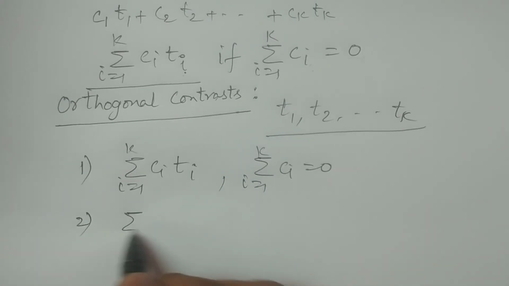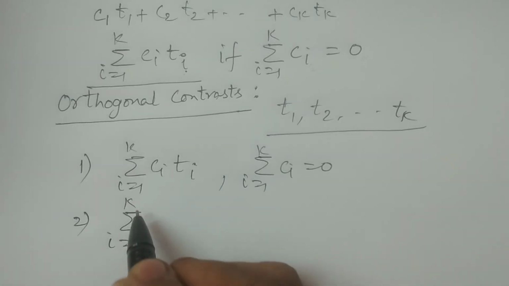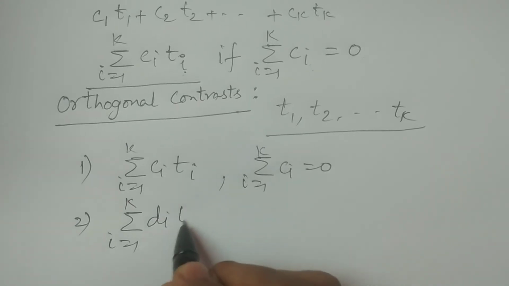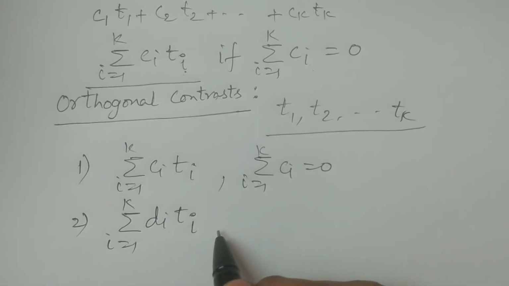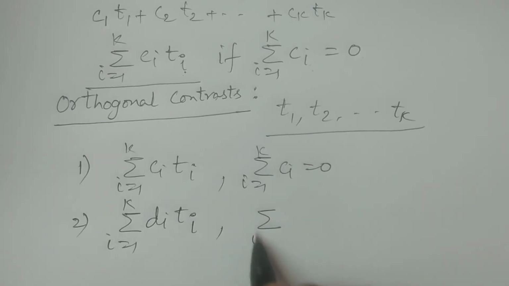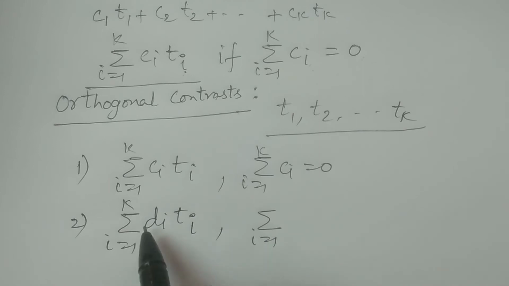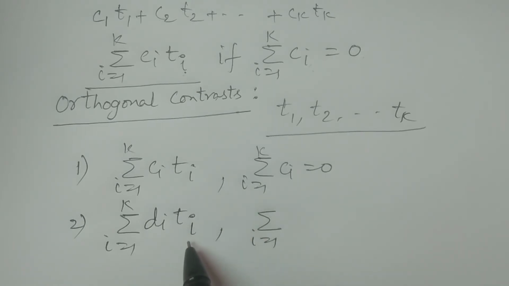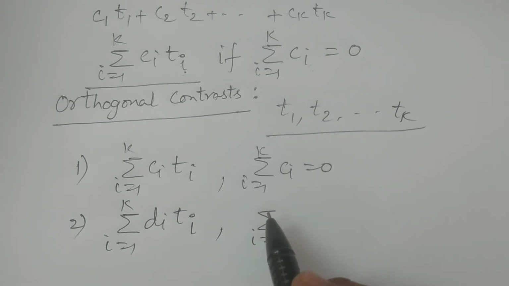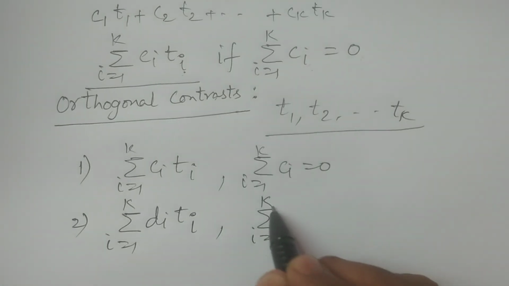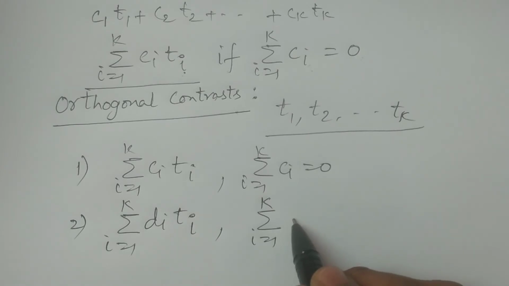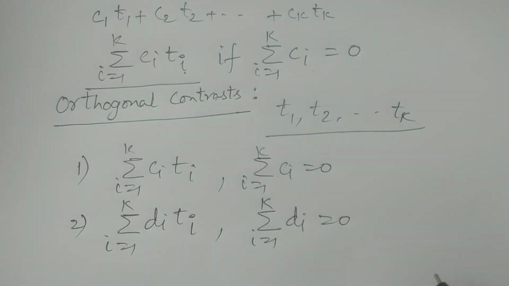Second contrast, consider another one, summation i equal to 1 to k Di Ti, where Di are other constants. This is a linear combination of the K treatment means T1, T2, Tk, and it is said to be a contrast if summation i equal to 1 to k Di is equal to 0.